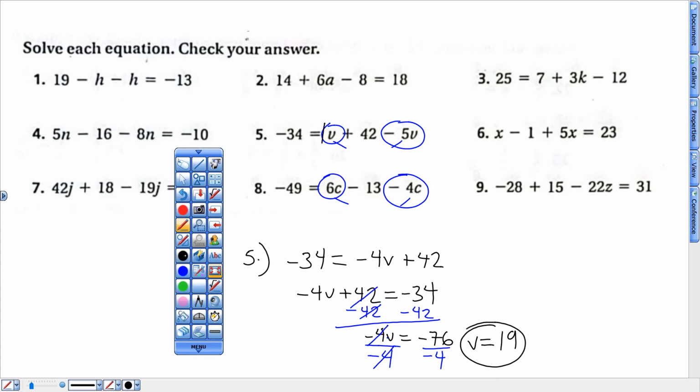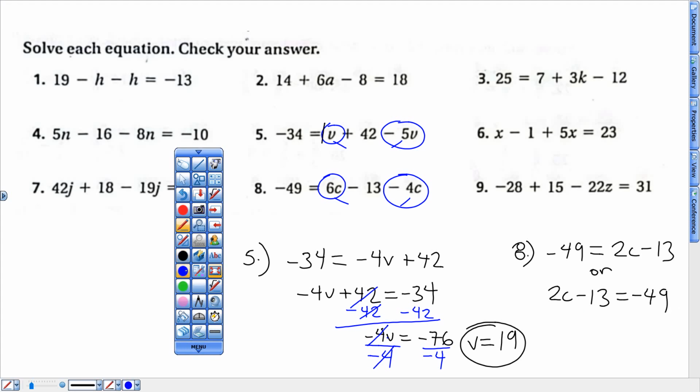All right, the other one, number 8. Number 8 has 6c minus 4c, so that just becomes 2c, and we have negative 49 equals 2c minus 13. And again, you could flip it around so that's a normal looking equation. You could write that as 2c minus 13 equals negative 49. And then all of these are having you do a two-step equation.